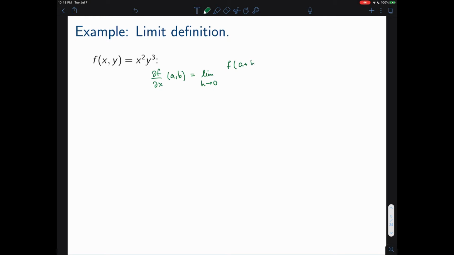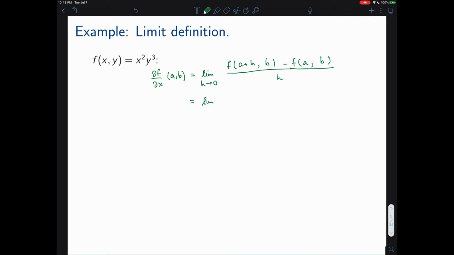So I put 2 different values for x: x equals a plus h and x equals a. On the other hand, the other variable that isn't x is staying the same. So y just stays the same at y equals b. And we're dividing by h.